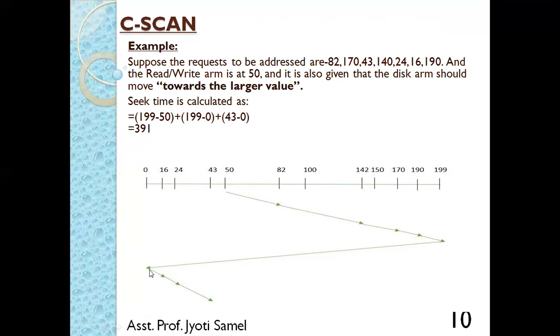But while reversing, it will not service. My disk head will come to 0 and again it will start the process. So here we are finding 199 minus 50, 199 minus 0 and 43 minus 0. So the answer will be 391.